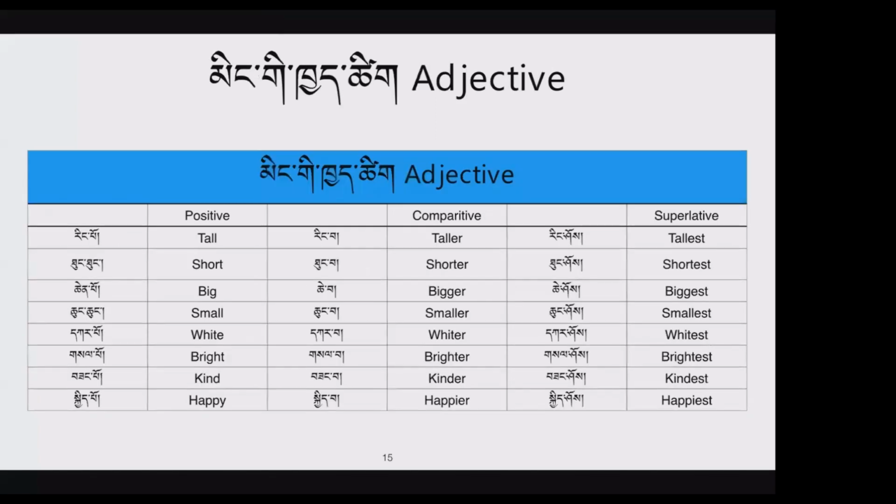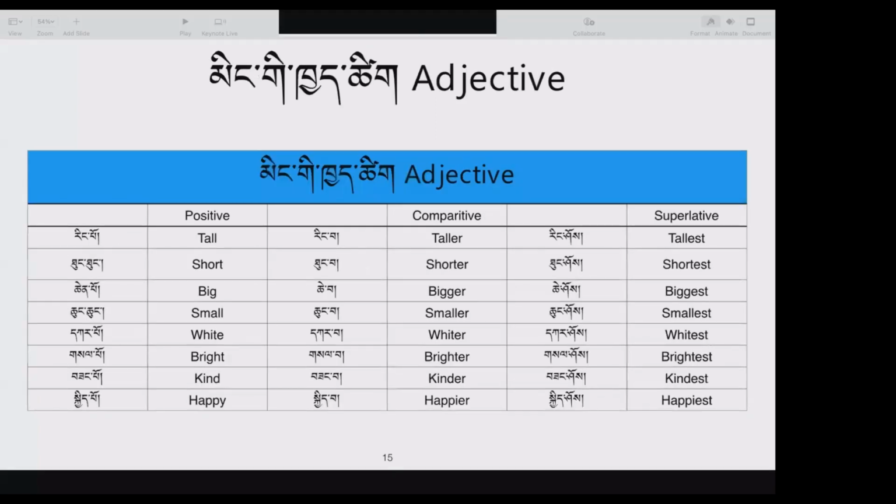Now, when we have the adjective, also in Tibetan we have the positive, the comparative, and the superlative. So, ringpo, which is tall. Ringwa, taller. Ringshu, tallest. Tungtung, short.